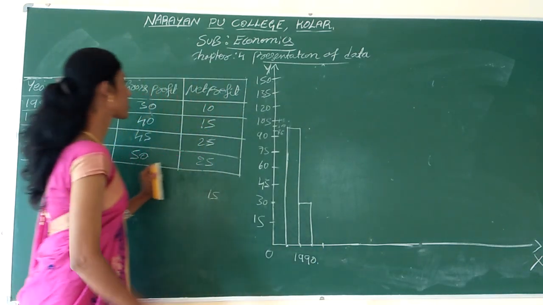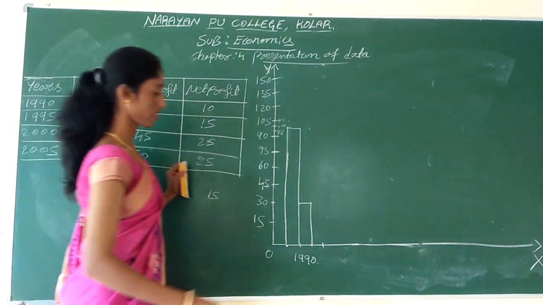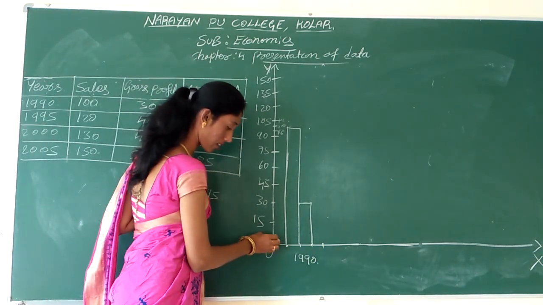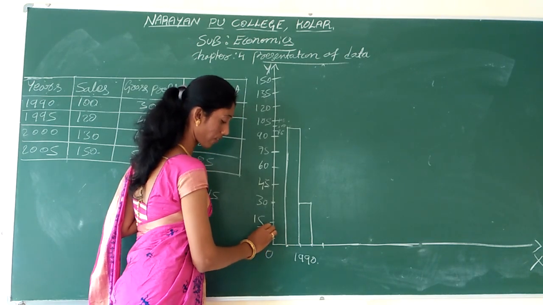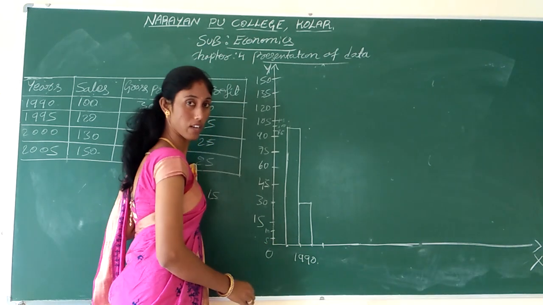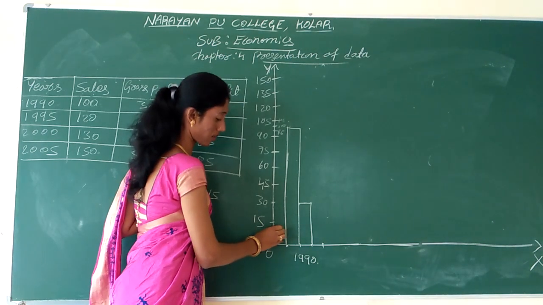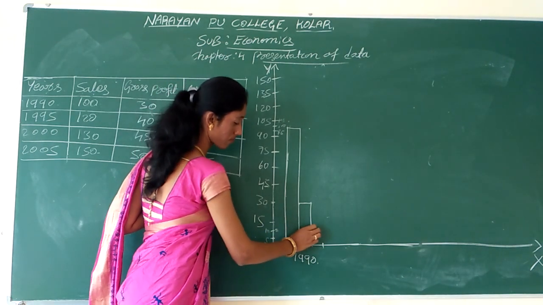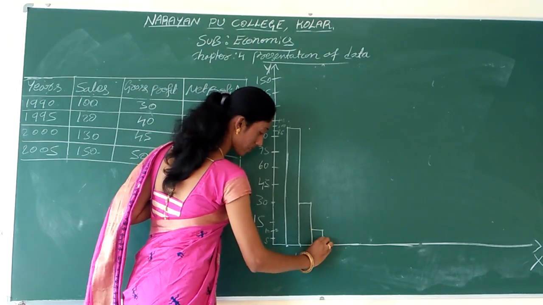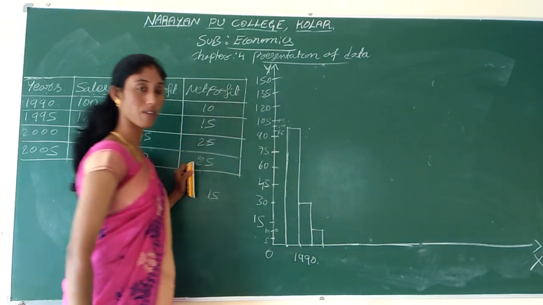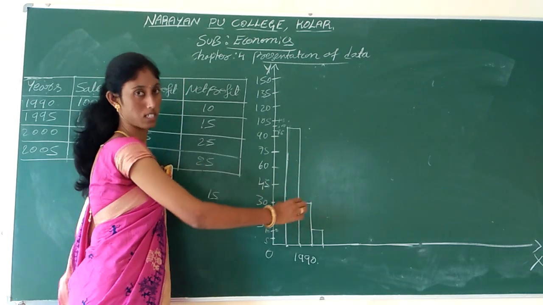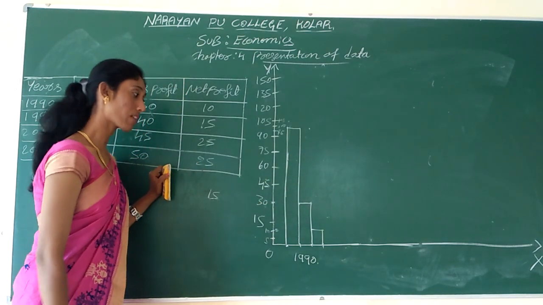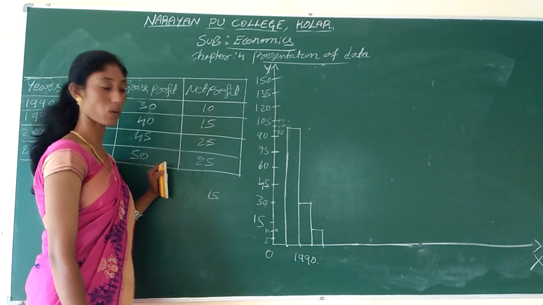And come to the next, net profit. Net profit is 10. Here you have to take 3 points equally. This is 5, 10, next 15, right? Now 10 arises here. This is how, in the same way without gap, we need to add the bars for all 3 variables. Got it right? Now we'll move to the next one.